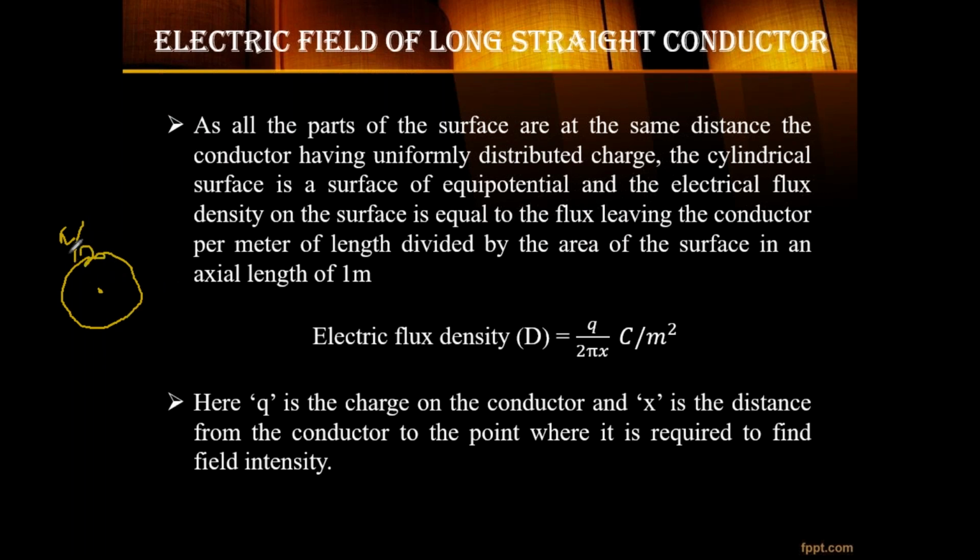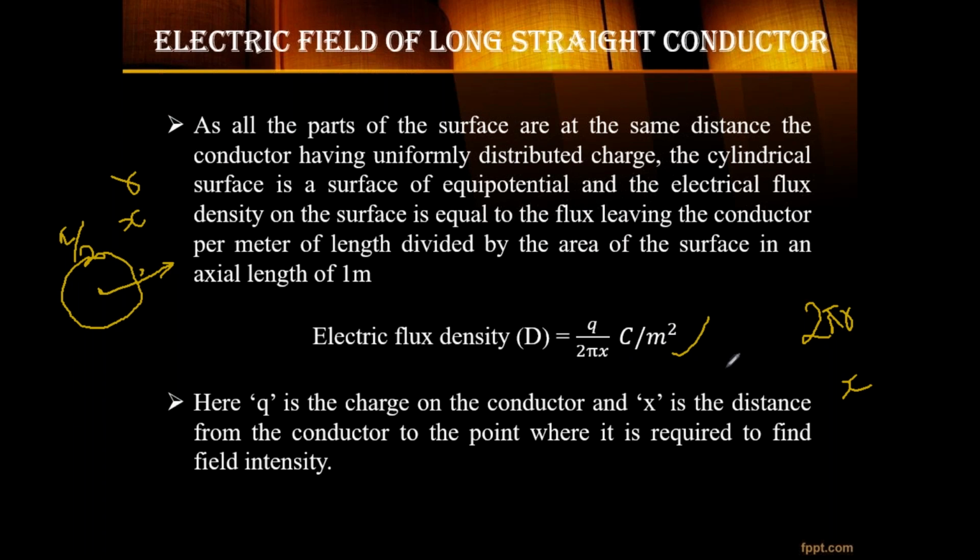So you can write Q divided by 2 pi x. Generally the circumference of the circle is 2 pi r. Instead of r, I am taking x because our radius from the origin to some point is x. So D is equal to Q by 2 pi x.